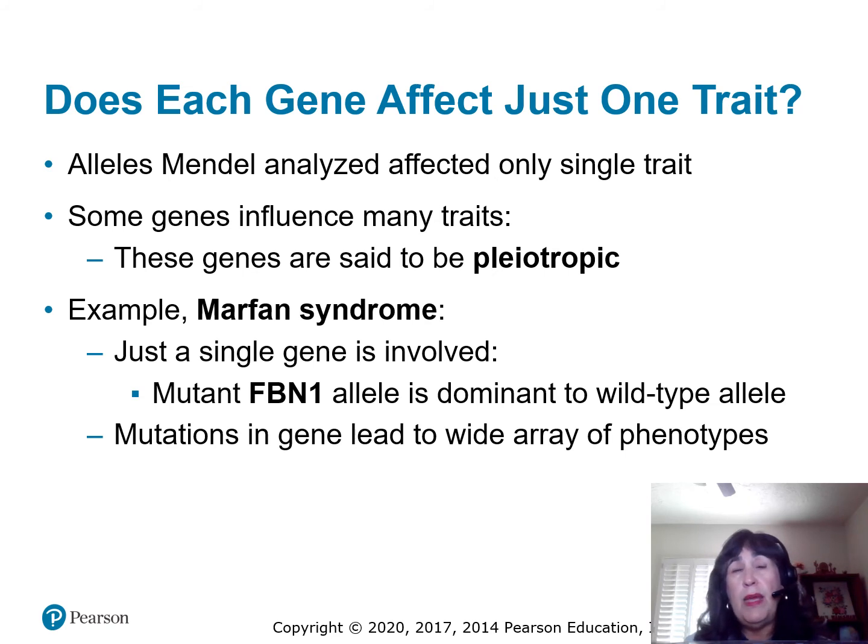Another one would be hemophilia. With hemophilia, it's blood clotting, but also you become anemic, you have brittle bones. So it is one gene affecting many traits. It's pleiotropic.